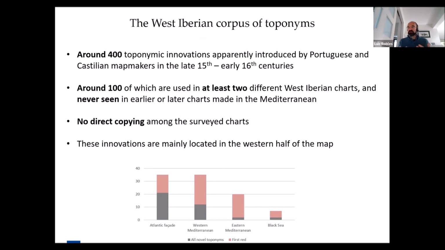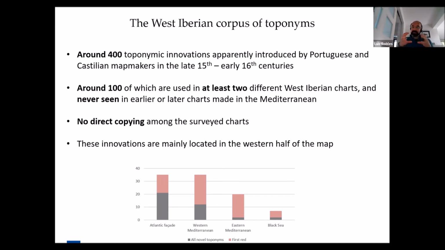So there is room for randomness, for coincidence. So I focused on a more select group of innovations, which are used in at least 2 different charts that are consistent in their spelling, or generally speaking, that appear in 2 of these charts, and that also have never been seen in earlier charts or in later charts made in the Mediterranean, in Majorca, in Venice, in Genoa, etc.